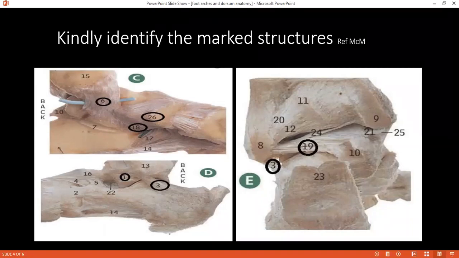Can you tell me the structures passing behind the medial malleolus? The posterior tibial vessels, the flexor digitorum longus muscle, the posterior tibial nerve, and the flexor hallucis longus muscle. Can you please tell me which bones form the ankle joint? The trochlear surface of the talus and the lower end of the tibia and fibula.